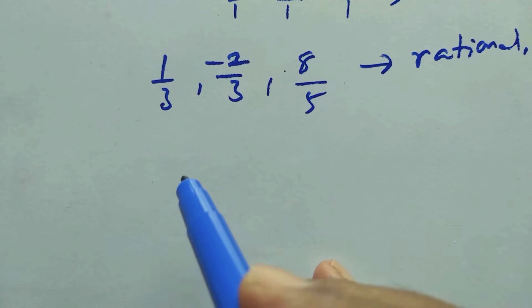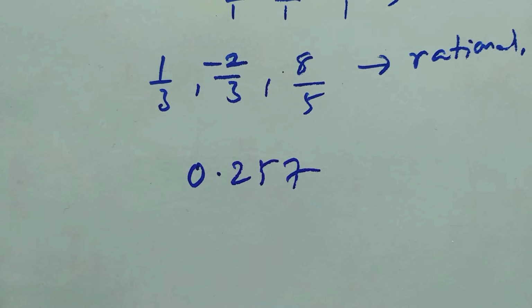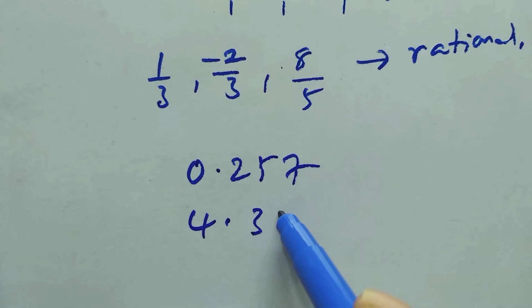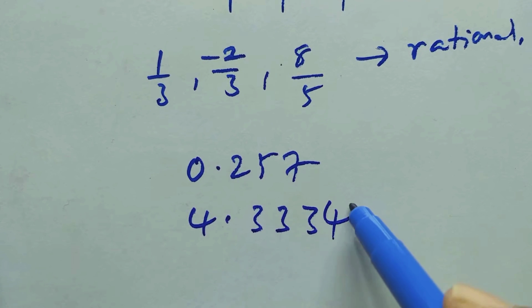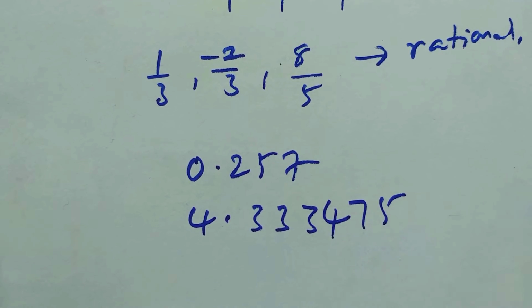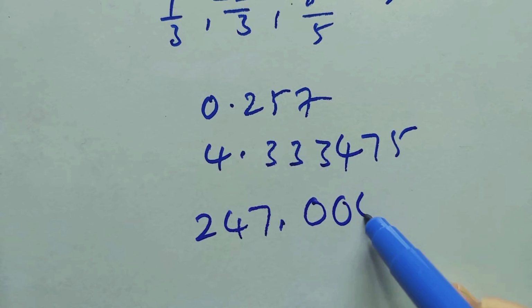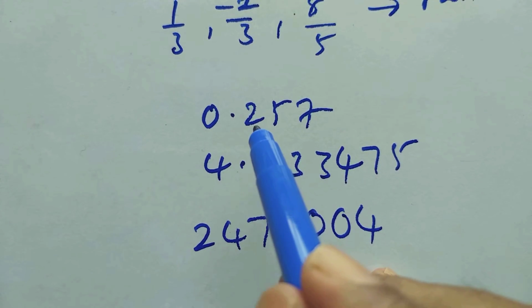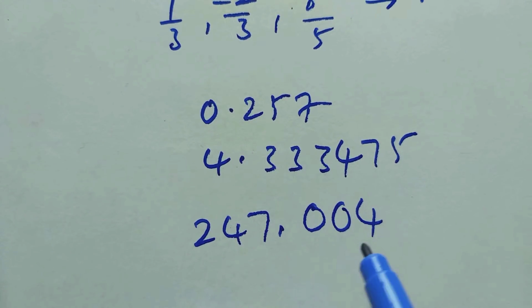Now I am going to decimal numbers. It is 0.257, you can see this type of number, or 4.223333475, or 247.004. These have a finite number of decimal digits: here 6 are there, here 3 are there.